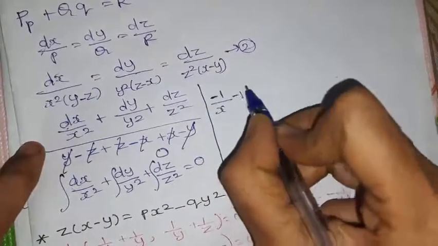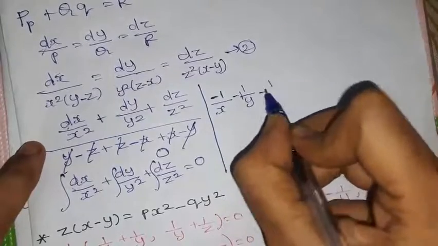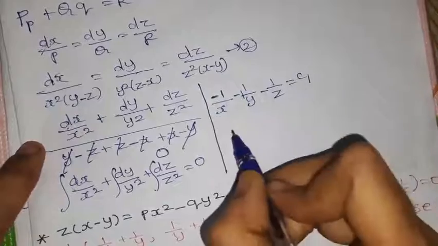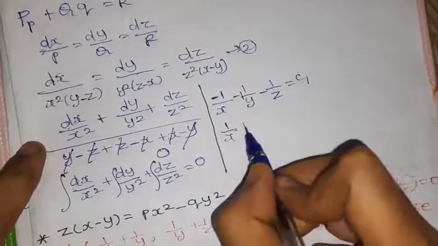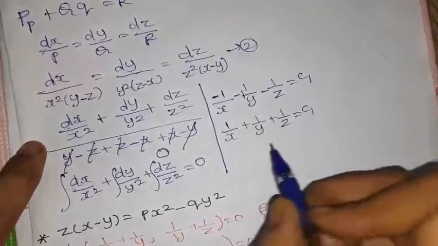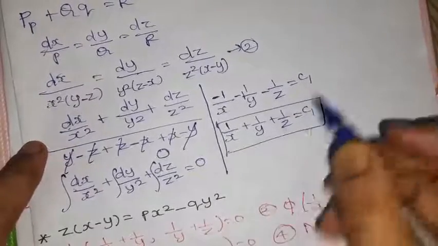Similarly, minus 1 by y and minus 1 by z equal to c1. Multiplying by minus 1, we get 1 by x plus 1 by y plus 1 by z. It is a constant, so let it be c1. So this is one solution.